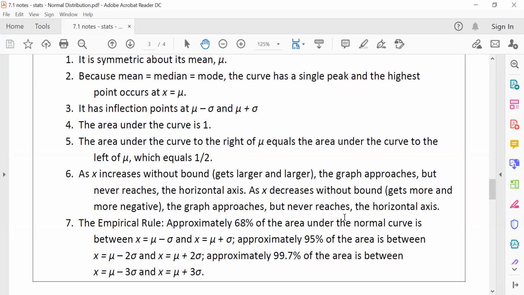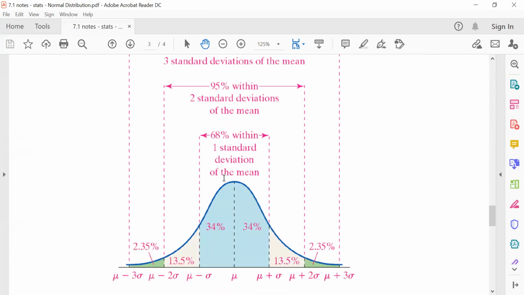Approximately 95% falls between mu minus 2 sigma and mu plus 2 sigma. In other words, 95% of the probability falls within 2 standard deviations of the mean. And finally, almost 100%, but not quite, 99.7% of the area falls within 3 standard deviations of the mean. Here's a nice visualization of that idea.